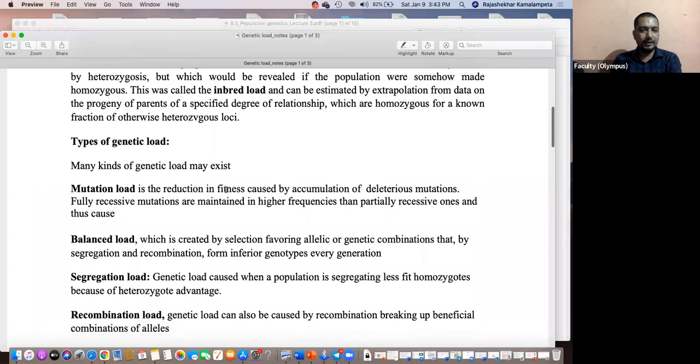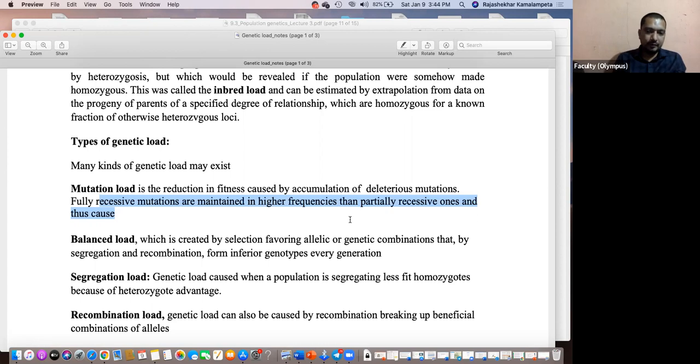It is a reduction in fitness caused by accumulation of deleterious mutations, or the negative effect of mutations. Fully recessive mutations are maintained at higher frequencies than partially recessive ones, and they cause a reduction in the mean fitness of the population.